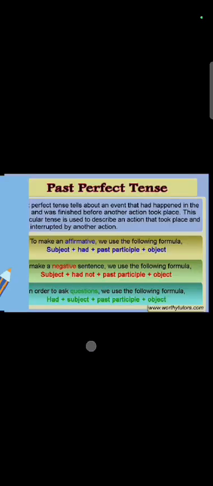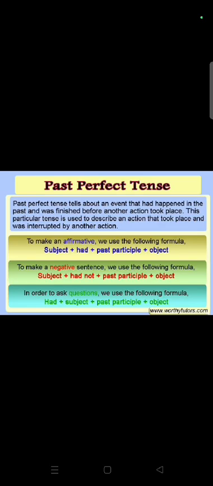Now come to the third type of past tense, that is past perfect tense. Past perfect tense tells about an event that had happened in the past and was finished before another action took place. This tense is used to describe an action that took place and was interrupted by another action. There are some rules.